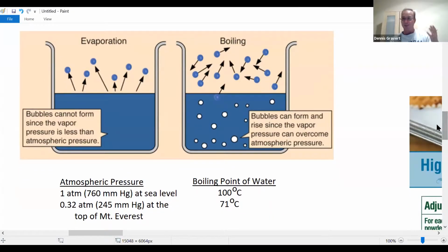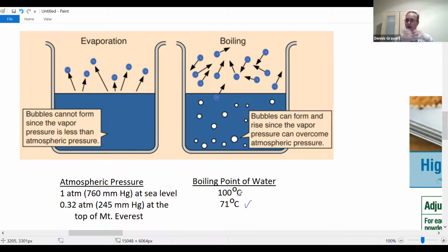And if there's less pressure, if you take a pot of water at the top of Mount Everest and start boiling it on the campfire, if you measure the water, it actually only measures 71 degrees and it'll be bubbling as it boils. Why is it bubbling not at 100 degrees, but 71? There's less pressure. You heat up the water, the liquid water molecules move faster and faster until it's 71 degrees.